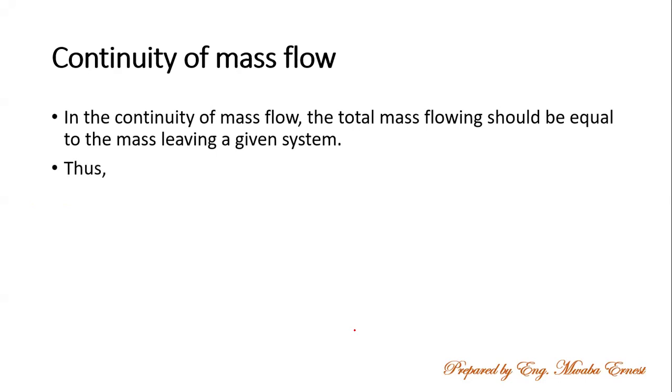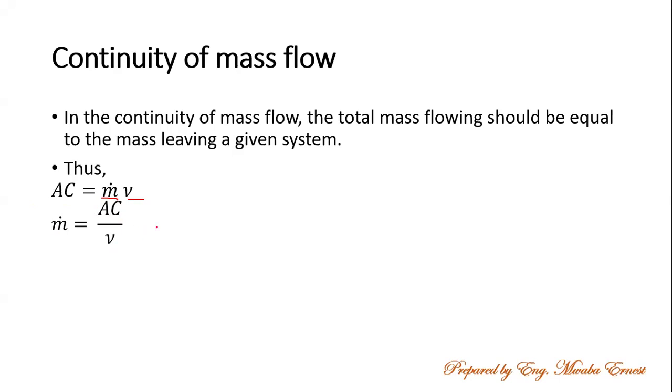And it's better expressed in the form of this expression where we say cross-section area times the velocity is equal to mass flow rate multiplied by specific volume. And here you may decide to make mass flow rate the subject of the formula. Mass flow rate is equal to area times the velocity divided by specific volume.